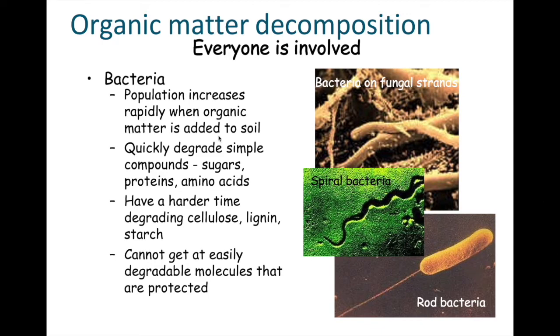Okay, so the first one will be the Monera, or the bacteria. The population increases rapidly when organic matter is added to the soil. We know that bacteria are the basic life forms, and they can duplicate or reproduce as quickly as possible, as long as the factors are available for them.